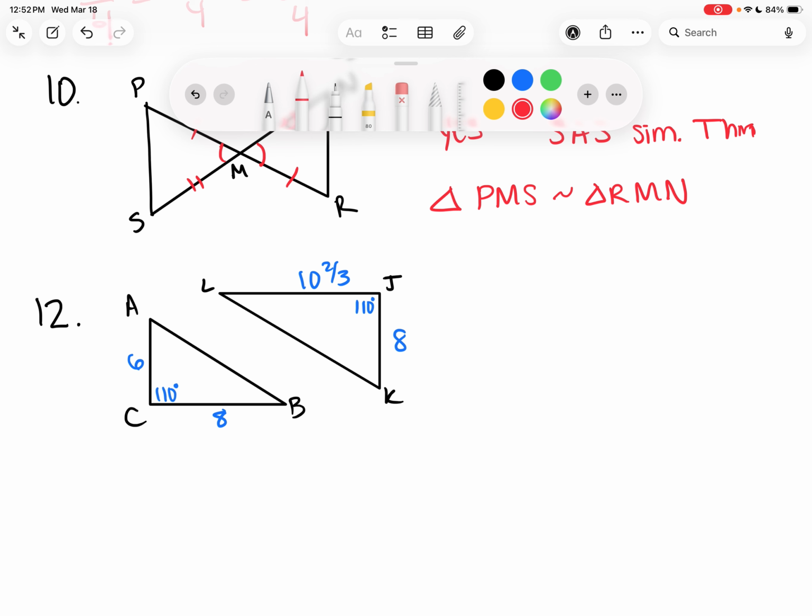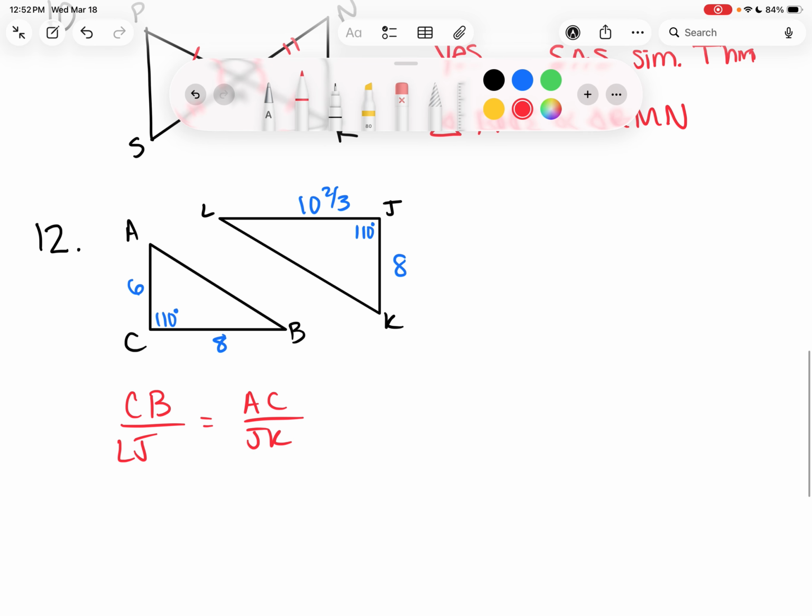8/10 and 2/3 is equal. Give it to me as letters. CB over LJ is equal to AC over JK. Wait, JK. Okay, so then we plug in the numbers. So I've got 8 over 10 and 2/3 is equal to 6 over 8.